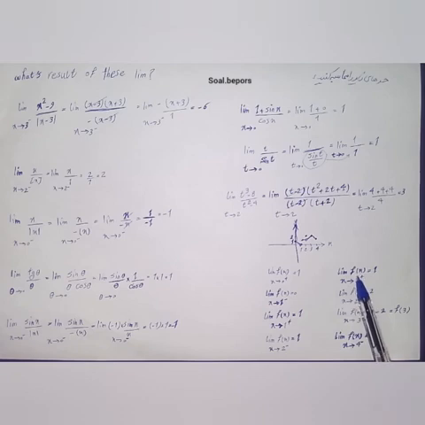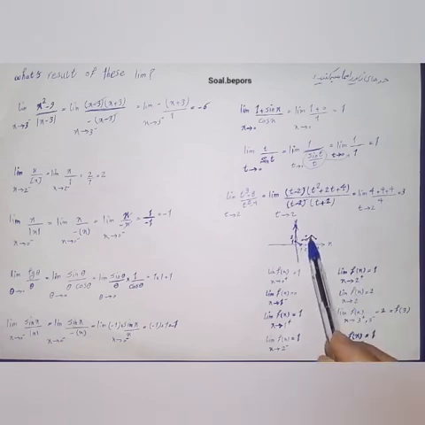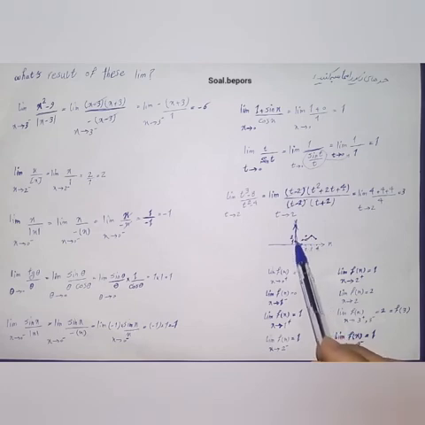The limit of f(x) when x goes to 2 from right, from bigger than 2, f(x) is 1, and at the point 2, f(x) is 2, f(2) is 2.